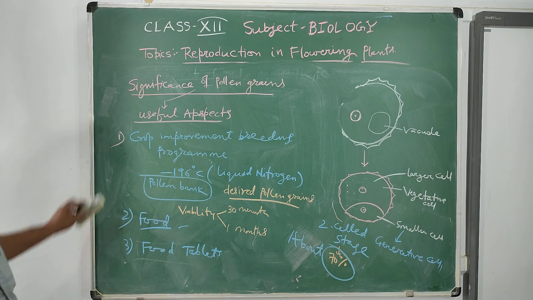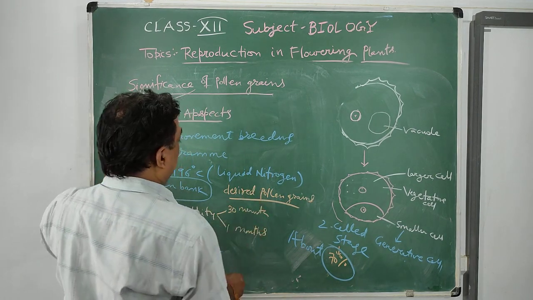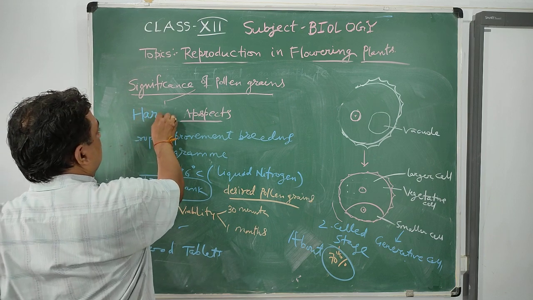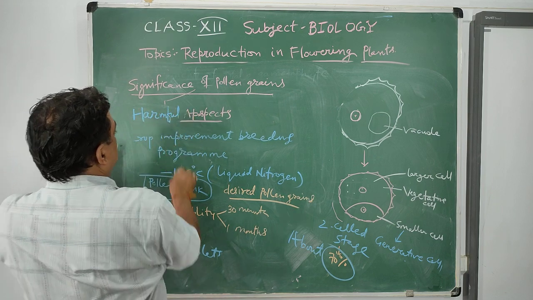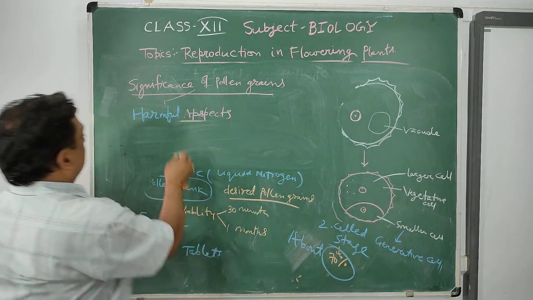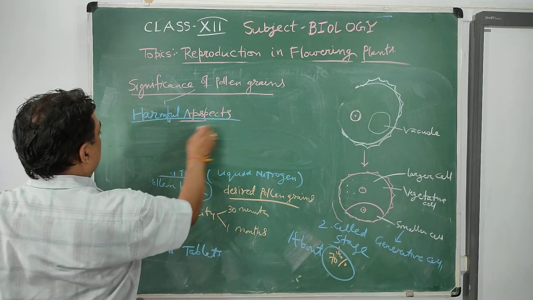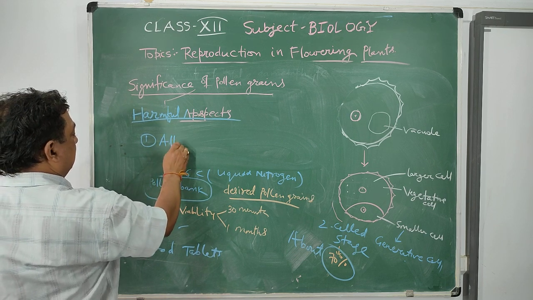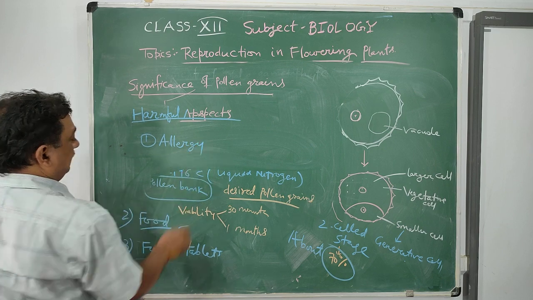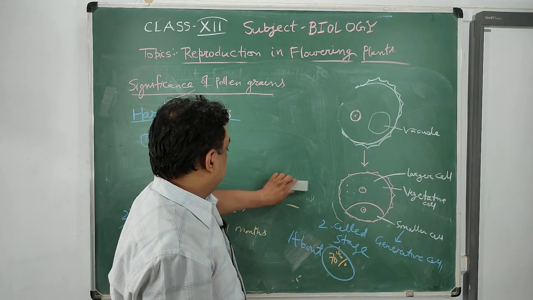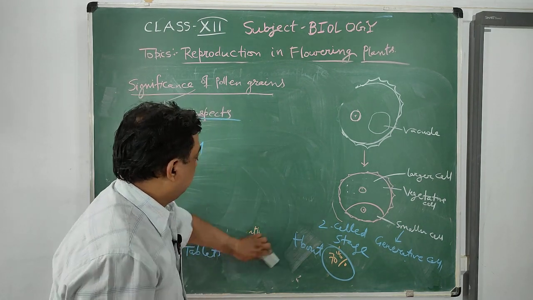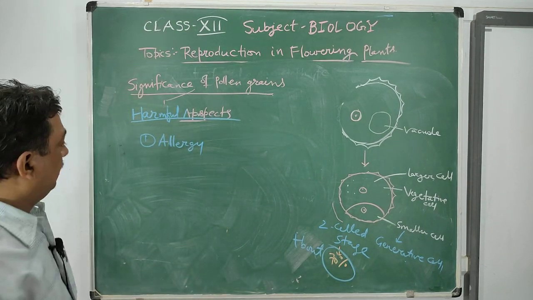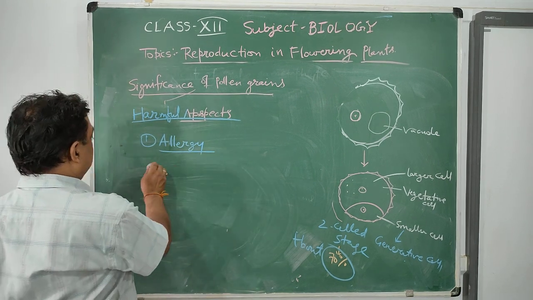Another aspect is the harmful aspects. What are the harmful aspects of pollen grains? It causes allergy. Allergy is caused by agents called allergens, and pollen grain is one of the most important allergens.